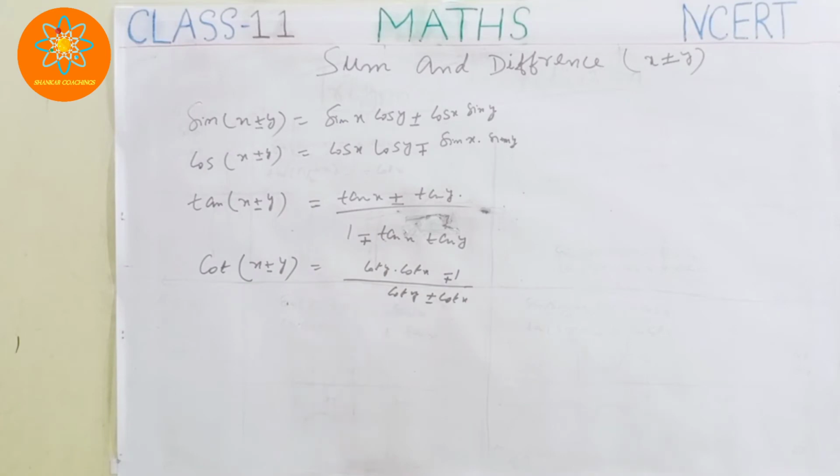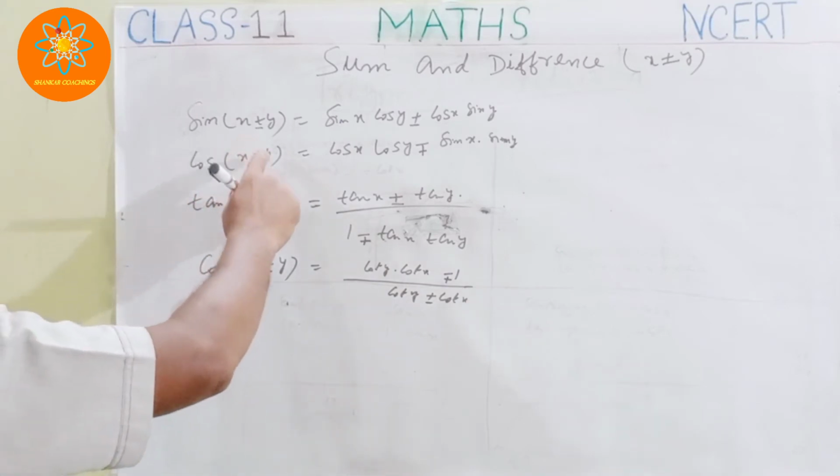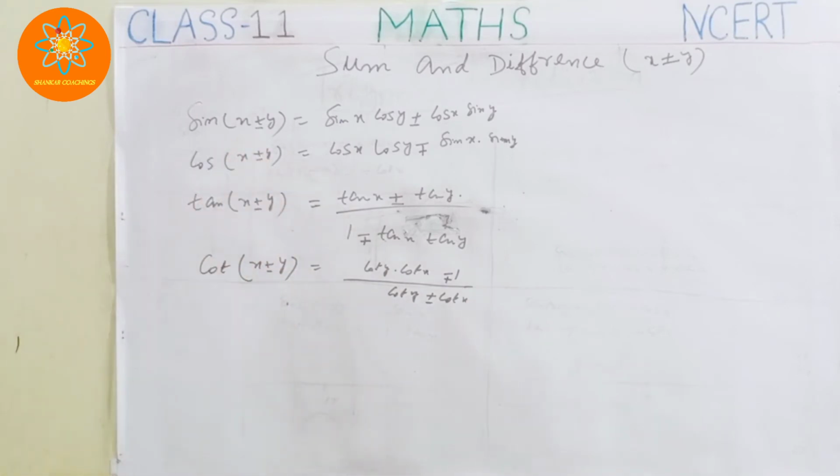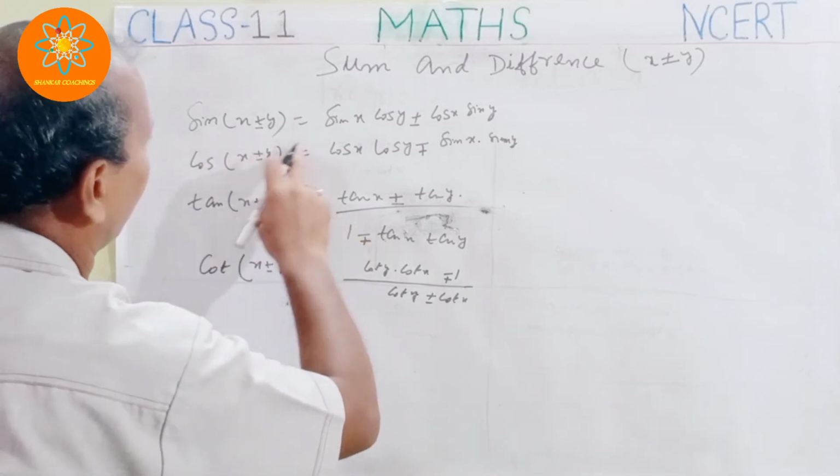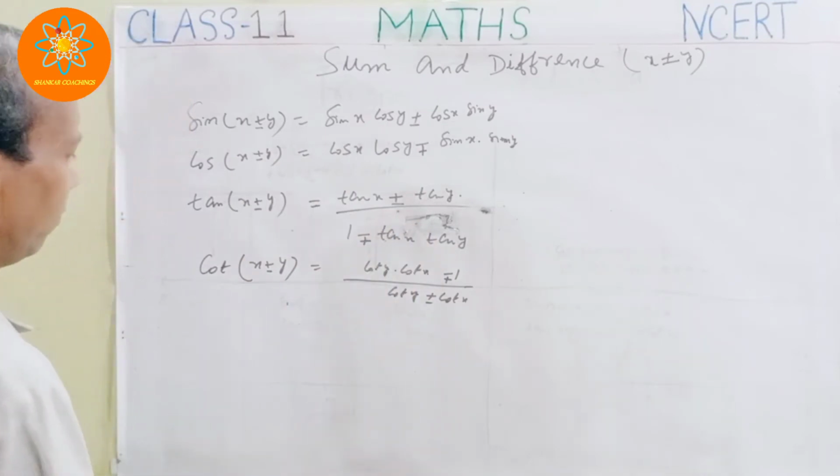So altogether, there are 8 formulas. If you change this sign, the rest will be the same, only the sign changes.